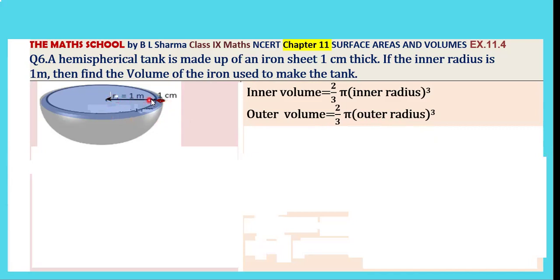We can convert 1 meter, we can write that as 100 centimeter. So inner radius can be 100 centimeter. Outer radius will be 101 centimeter because 1 meter is equal to 100 centimeter.